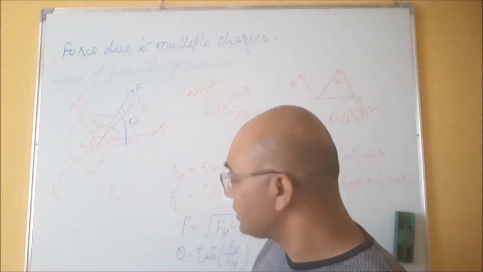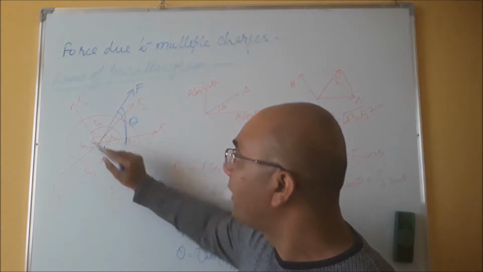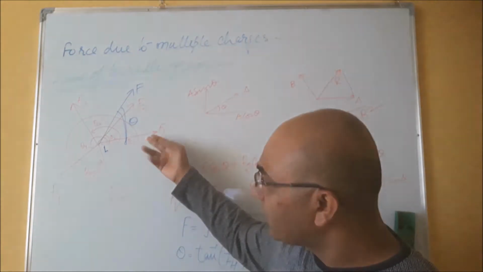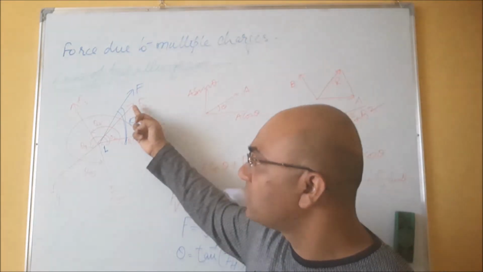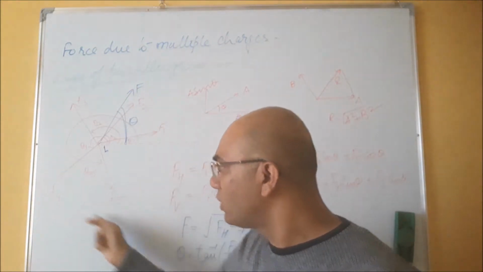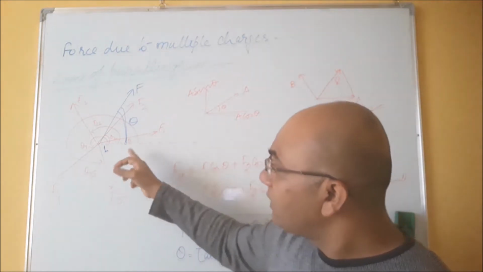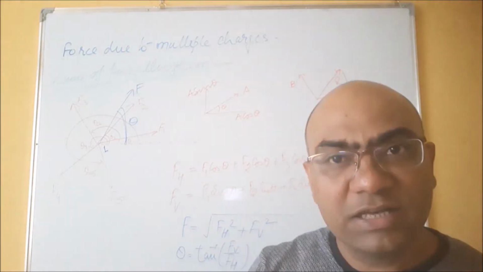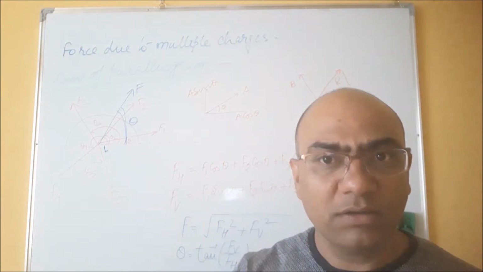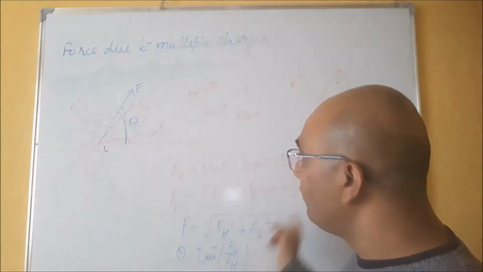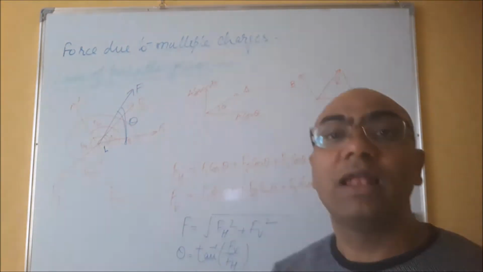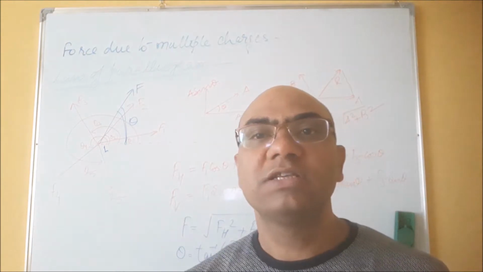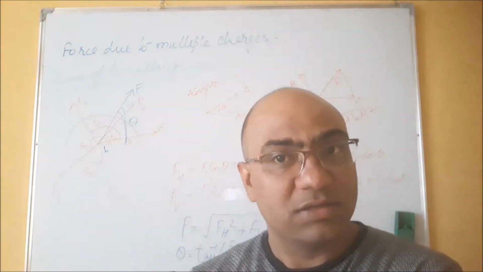This is due to the second charge particle, maybe due to the third, fourth, and so on up to n. So the figure will look like this. We know the direction as well as the magnitude of each and every force acting on this point 1 due to all the charge particles. If we solve in this way, then we can calculate the overall force on the charge particle with its direction.